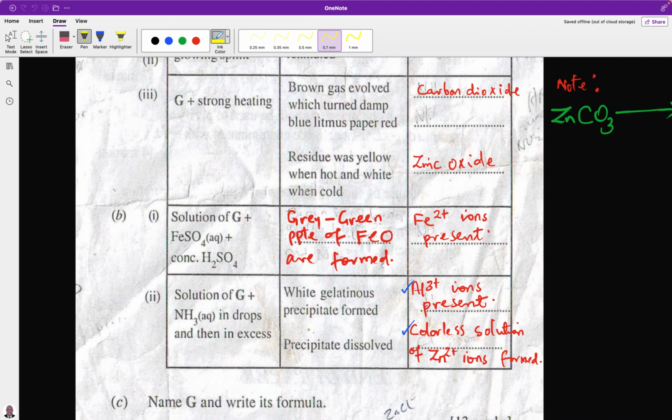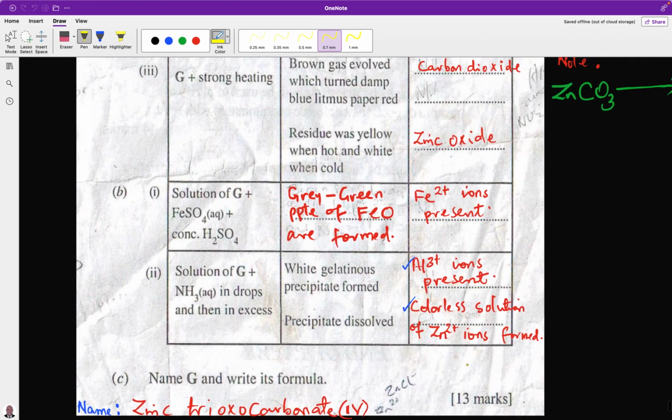On adding excess aqueous ammonia, the precipitate dissolved, giving a colorless solution, which indicates the presence of zinc ion.